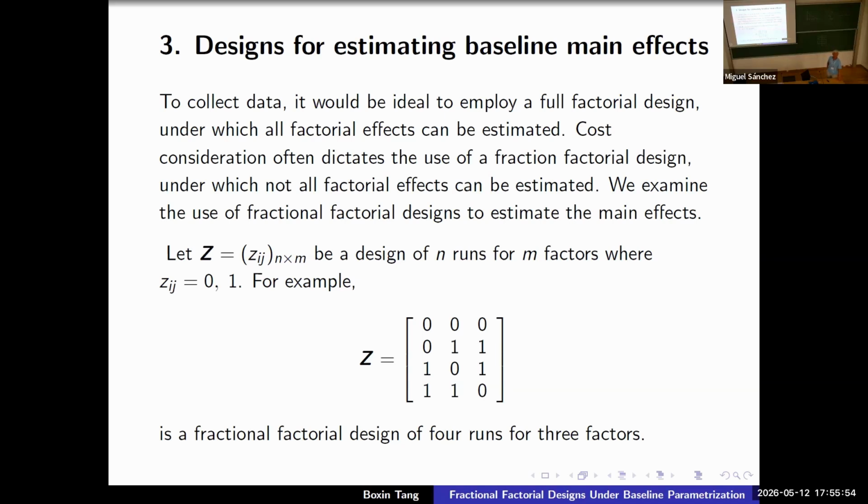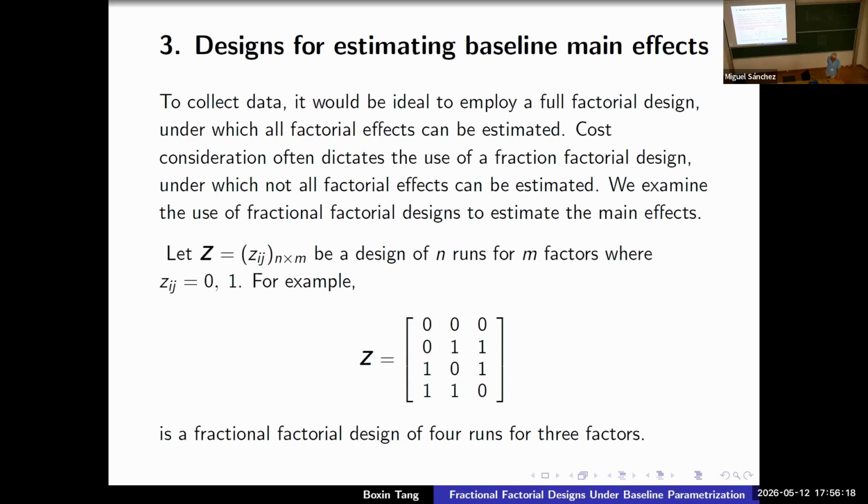And it will be ideal if we can use a full factorial design, meaning that all level combinations are used in your design. But when the number of factors is large, even moderately large, the total number of combinations is astronomical, right?